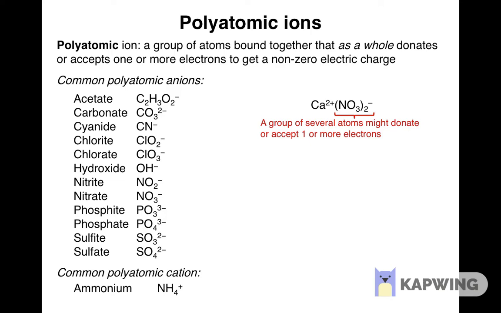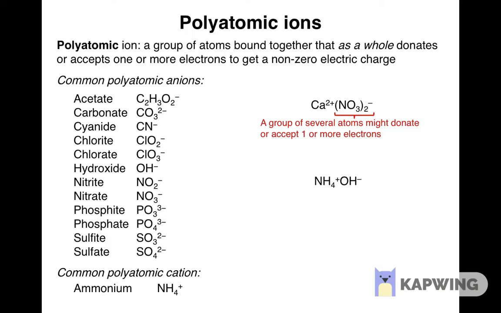Some compounds may consist of 2 polyatomic ions. An example of such a compound is ammonium hydroxide that consists of ammonium cations, NH4+, and hydroxide anions, OH-.